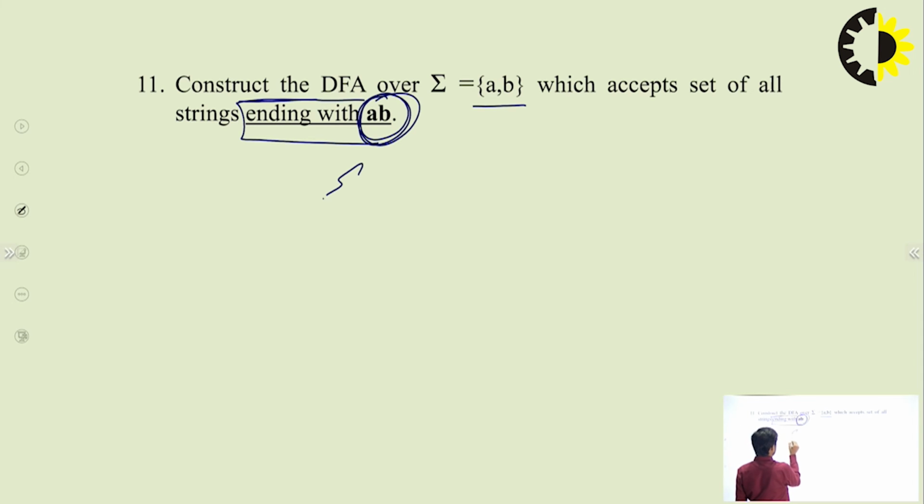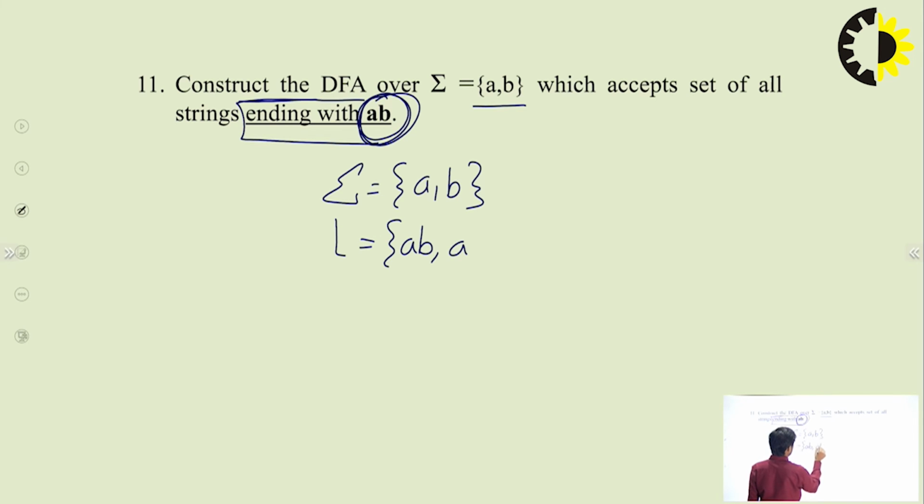So sigma equal to A comma B and the language will be AB only, A B, this ends with AB. B, AB, this string also comes into the language, ends with AB.